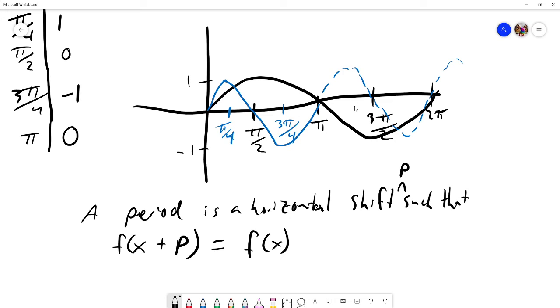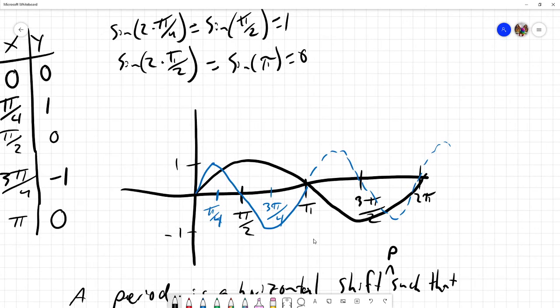So that's what we're getting at here. The period is this horizontal shift such that if you have an x-coordinate plus whatever this period is, then you get out your original f of x, and that's what we have going on here.